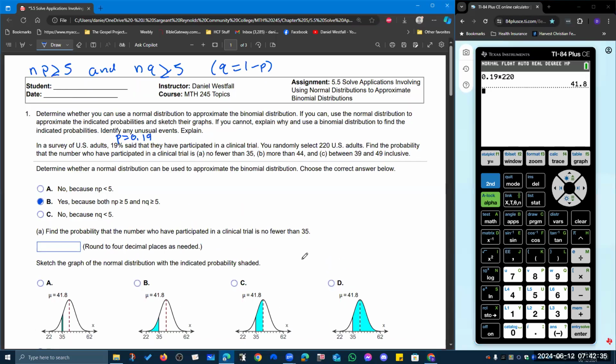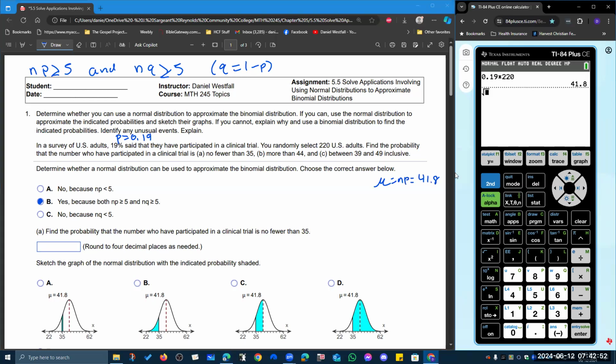So our mean in this distribution is going to be np, which is what we just found, 41.8.